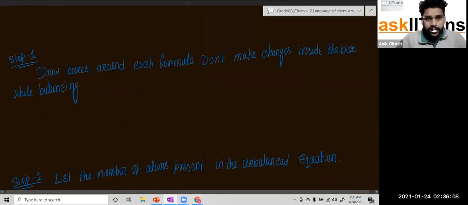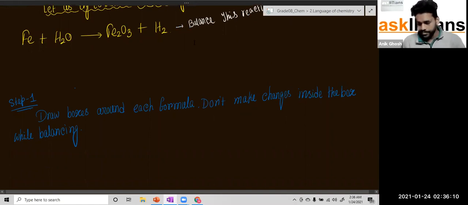Okay, the reaction is Fe plus H2O gives Fe2O3 plus H2. Now they're saying to draw boxes around each formula and don't make changes inside the boxes. So first thing is, write the entire thing again: Fe2O3 plus H2. You do it with me.